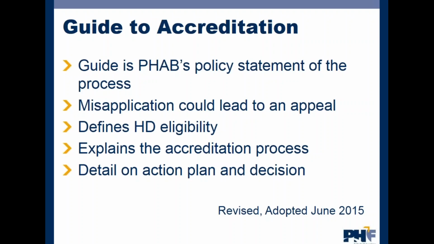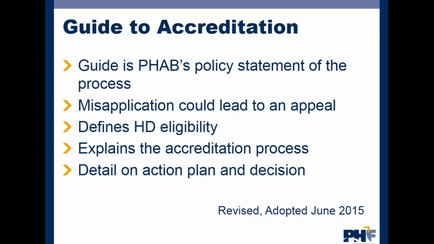The new guide was adopted in June of 2015. Some portions went into effect in November, and all changes went into effect as of February of this year. So, as I mentioned, there will be a guide to reaccreditation as well, and the new guide is referred to as a guide to initial accreditation.